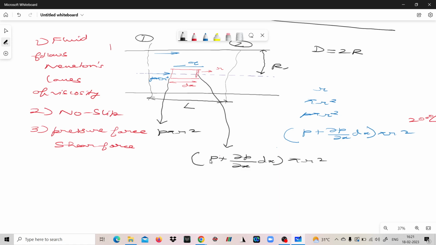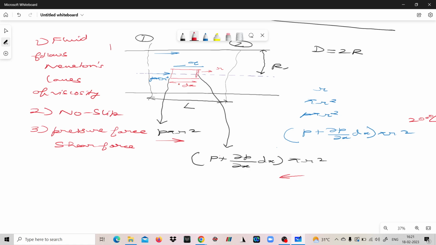But what is the direction on the fluid element? The pressure force P pi r square, which is acting on this face, is along the positive x-axis, say, and the pressure force acting on the other side will be along the negative x-axis.